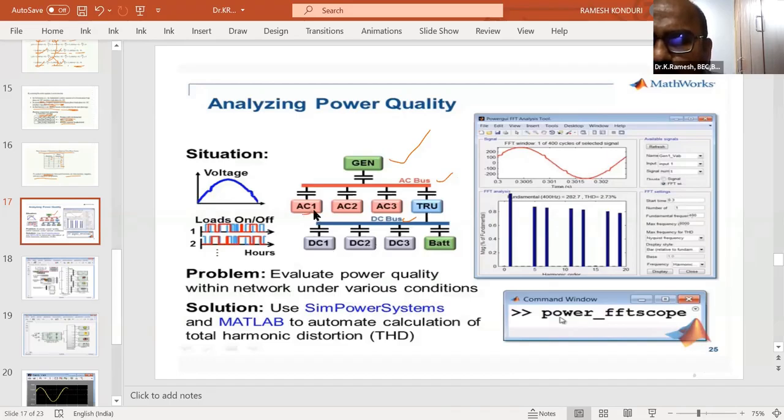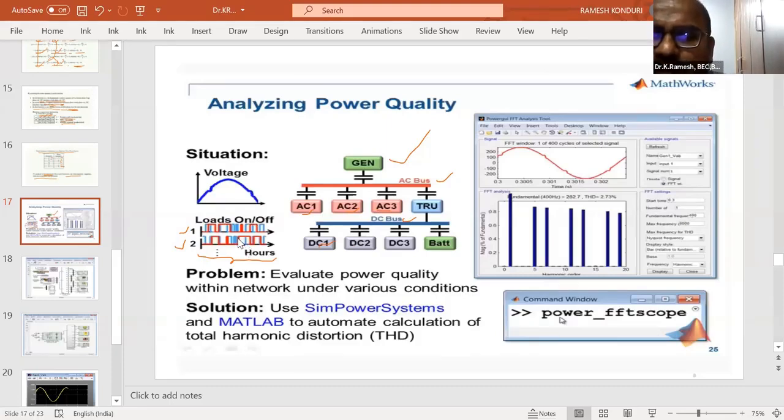These are the loads: AC1, AC2, AC3, and DC1, DC2, DC3, and the battery. These loads are operated in a sequential load cycle, so they will be on for some period, off for some period, and so on.